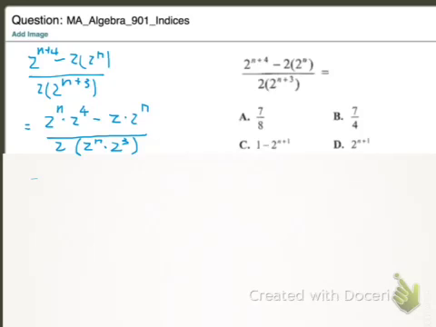Now from this point you can see that there are common terms on the numerator. So we could take out these common terms, see if you can spot them. So they are 2 and 2 to the n, because that's the smallest power we have here. So always take out the smallest power for your common term. So the smallest power is 2 to the 1, and same as 2 to the n.